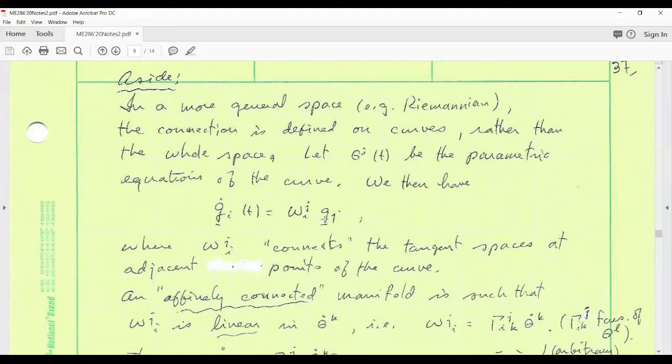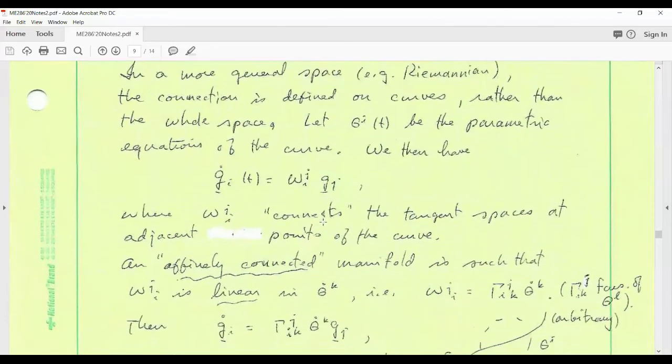This is an ordinary differential equation, which determines how the g's, the tangent basis elements, change as you move along the curve. And this matrix omega^j_i, sum on j, tells us how the tangent spaces are related to each other as you move along the curve.